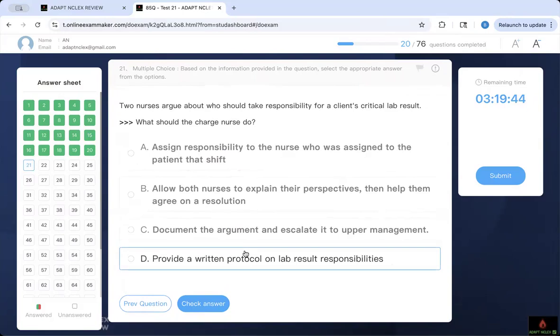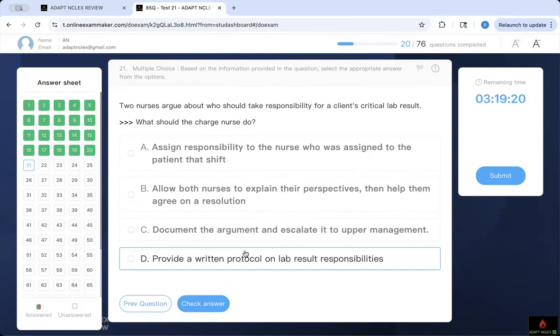Two nurses argue about who should take responsibility for a client's critical lab results. Conflict resolution, management problem. You see, I'm taking you through things you've never seen before, but this is challenging you, right? What should the charge nurse do? Conflict resolution. What would you do?